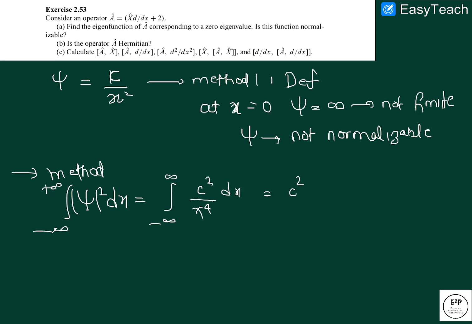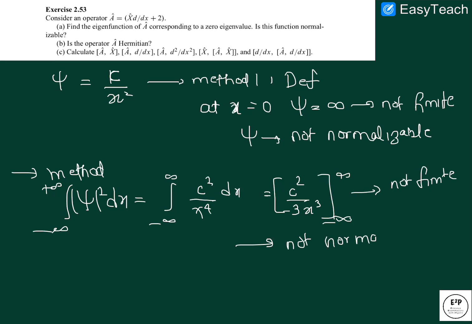Just integrate that to get c square times minus 1 by 3 x to the power 3, from minus infinity to plus infinity. And you can see that this is not a finite value. If you just go on and put the values of x as infinity, then you will see that it is not a finite value that we will get. So once again we came to the conclusion that it's not normalizable. So with this we have completed our first question.